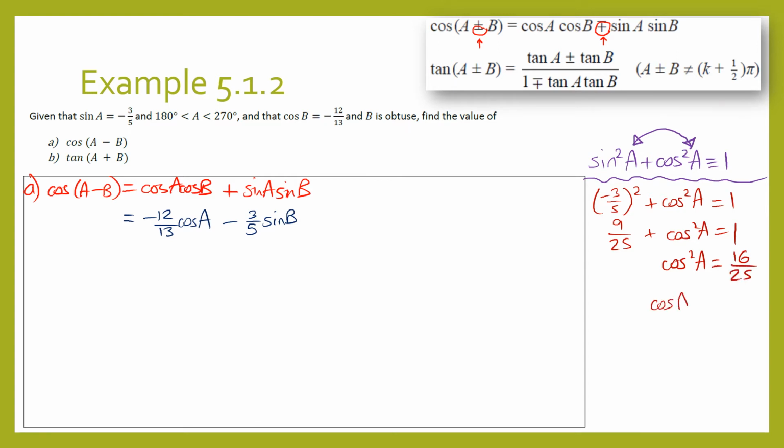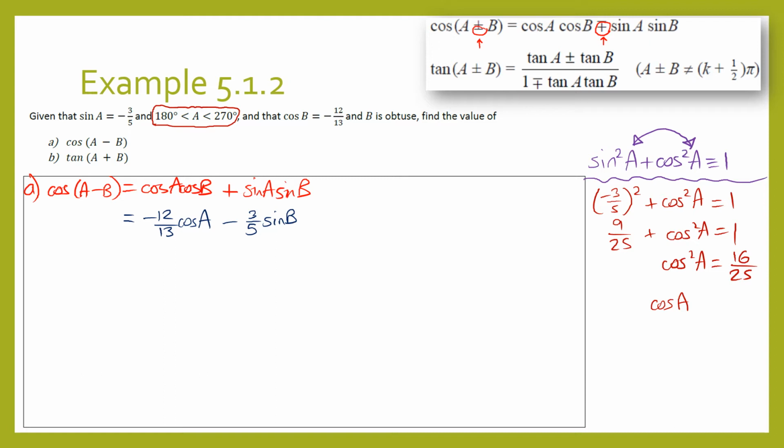But every time you square root both sides of an equation, you've got to stop and ask yourself, do we want the positive square root here, or the negative square root, or do we want both? Well, if you remember, we were told something about A at the beginning of the question, and we didn't really know what importance that had. Now we do know. A is between 180 degrees and 270 degrees.